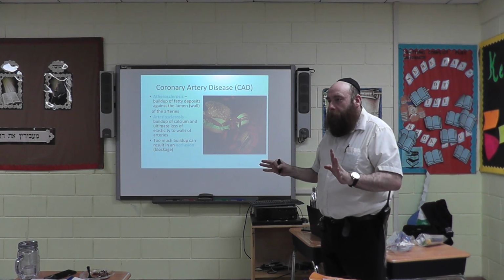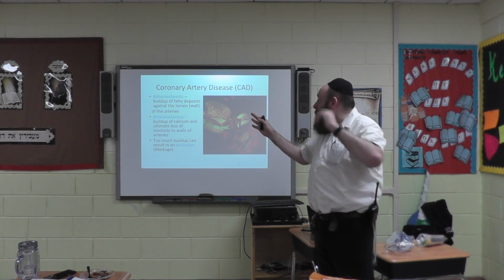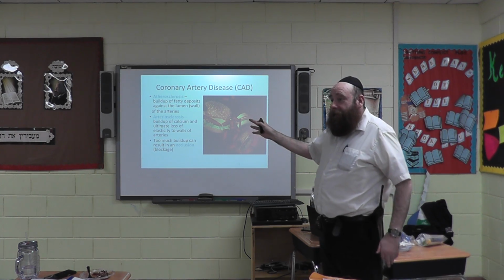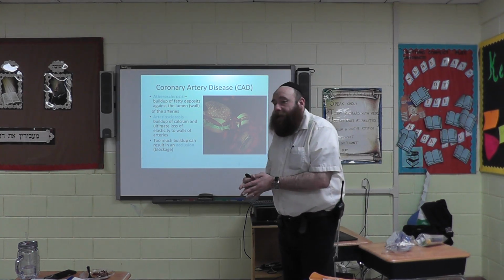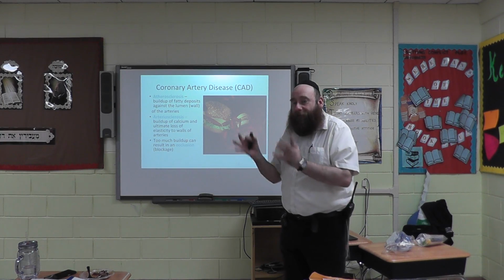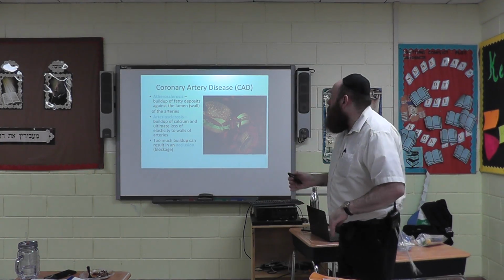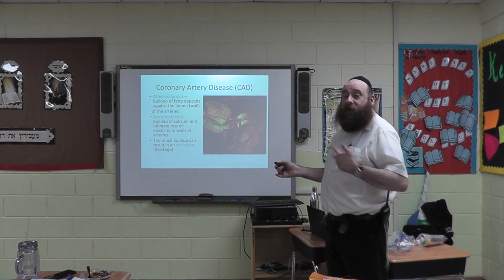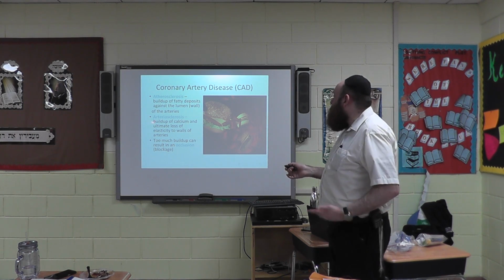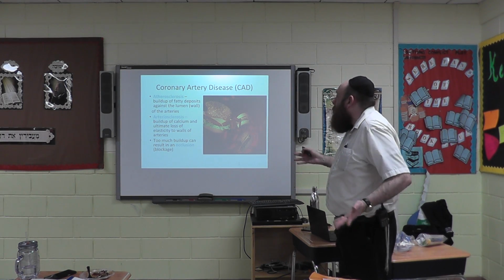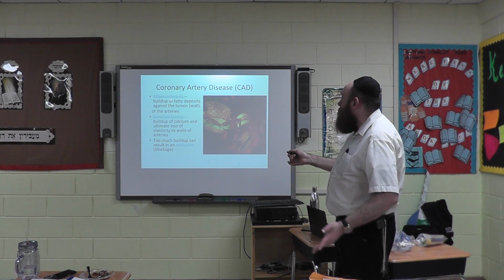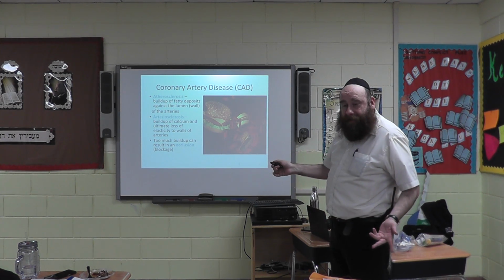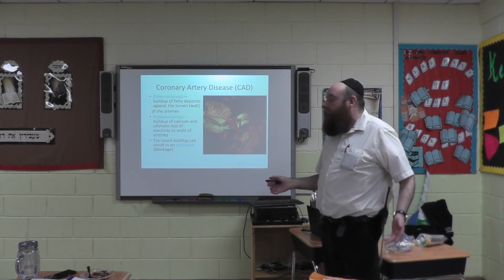What makes them different words then, besides this? Because they do have different definitions. But as far as EMT school goes, they're going to lump them together. Okay? So your answer will always be atherosclerosis or arteriosclerosis. What are they? Atherosclerosis, I put here, buildup of fatty deposits on the inside of the lumen.